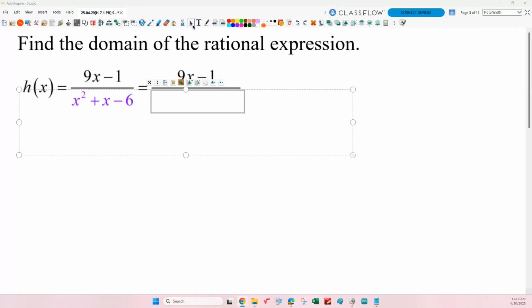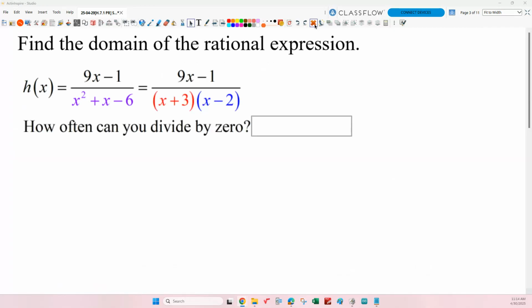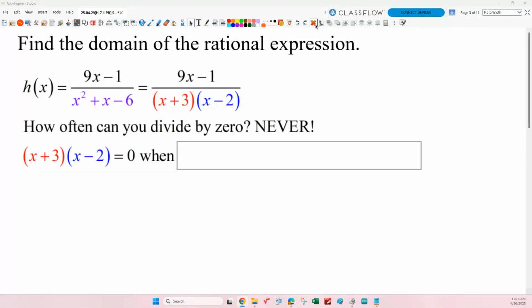What would the factors be? So then the zeros, or how often can you divide by 0? Never. So that's our denominator factored. So what would my zeros be? Yeah.